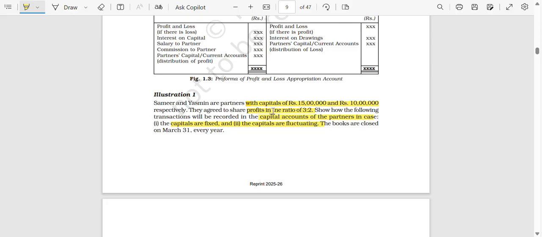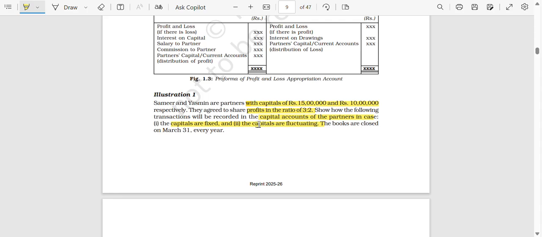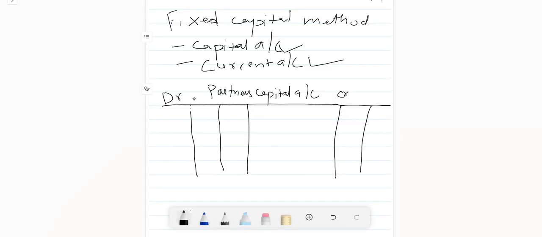How much capital do they have? 15 lakh and 10 lakh. We'll have to maintain two different accounts for two different partners, one is Samir and one is Yasmin.